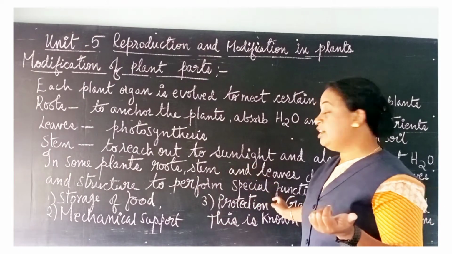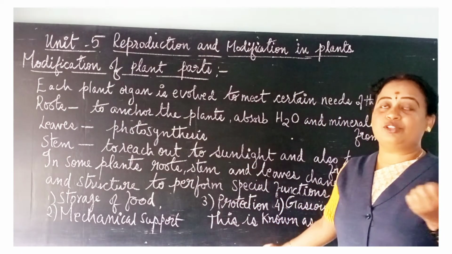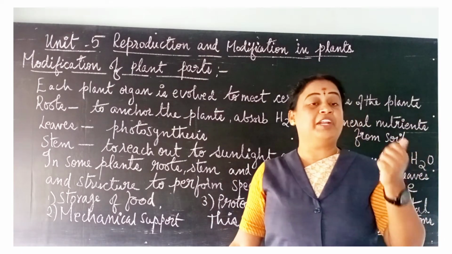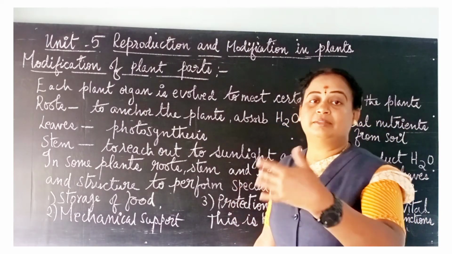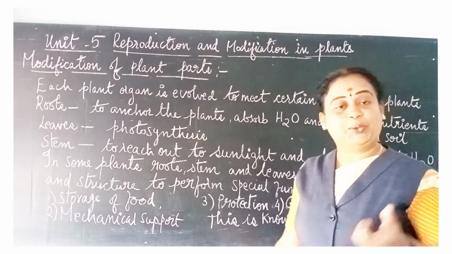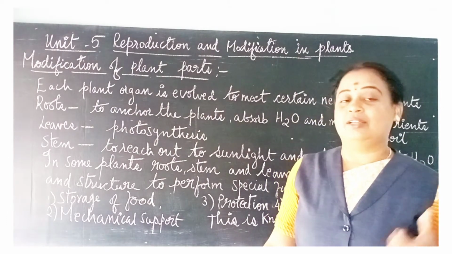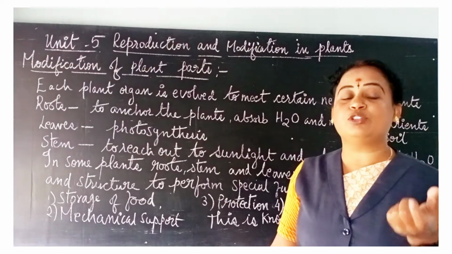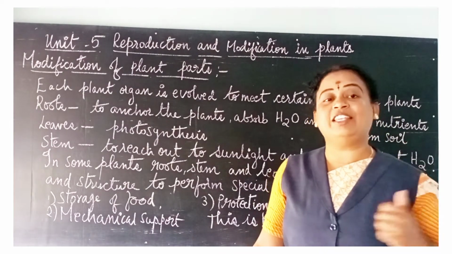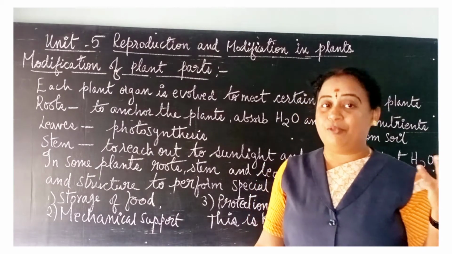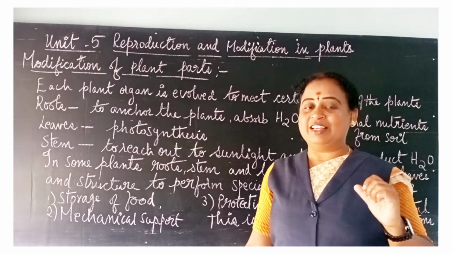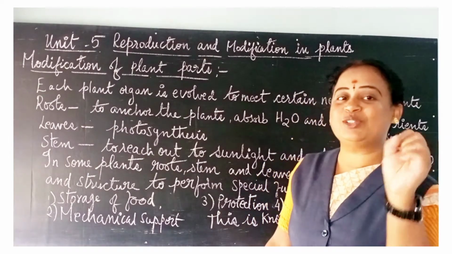Now the third function is protection. How do the plants protect themselves from other animals or other creatures? I can tell you, the rose plant. Rose plants have so many spines or thorns on them, right? Why are these thorns present? Of course, it's a protection for those plants. Rose flowers are very beautiful, so people get attracted and go and pluck them.